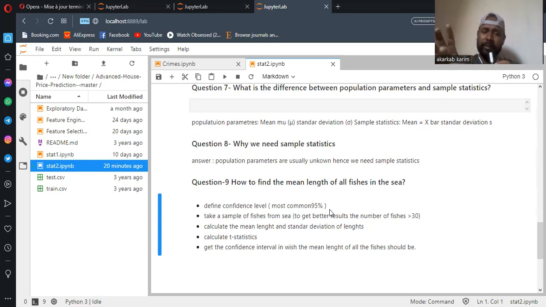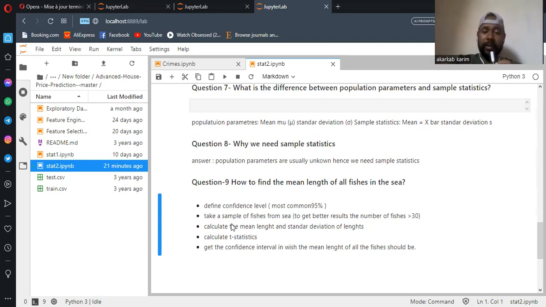If we take this example of the mean, what is the probability that the mean of the sample falls in this interval? That's what's called the confidence interval. The most common is 95%. What is the probability that the mean length of these fishes will be in this interval? That's what's called the confidence interval.